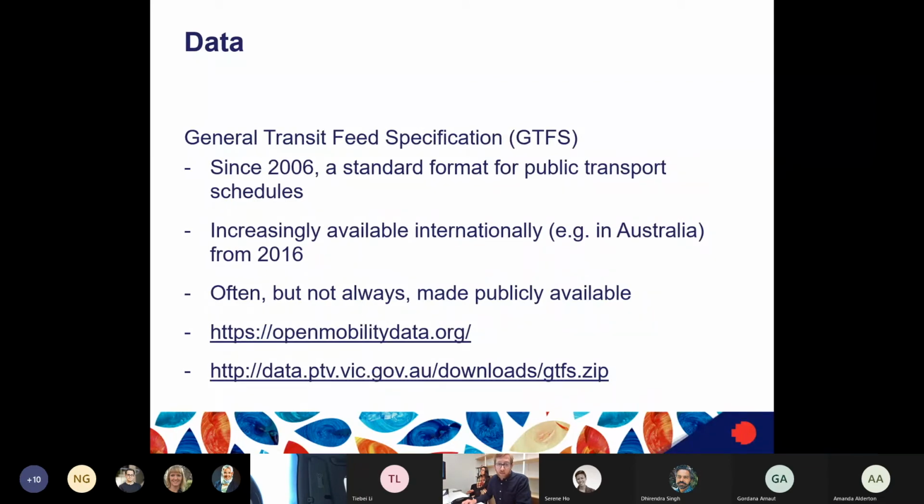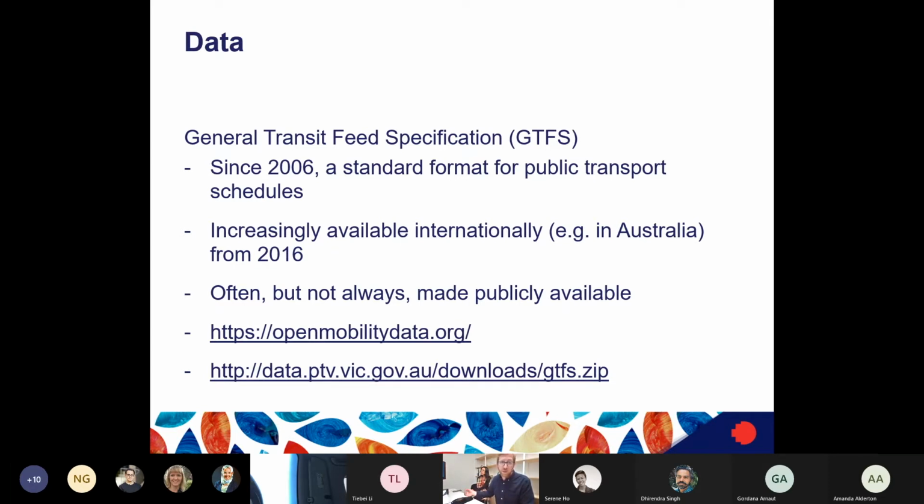In terms of public transport data, another really useful, not perfect, but useful data set is GTFS data, General Transit Feed Specification. That's been around since around 2006, and from 2016 in particular it has been produced by Australian transport agencies.